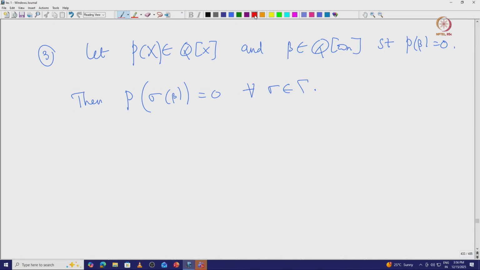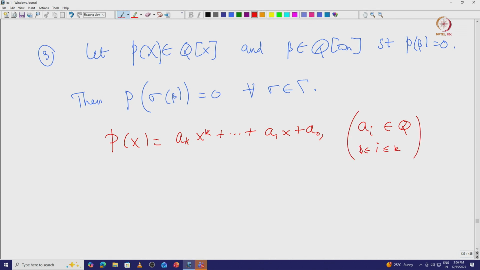So, here is a proof. If I take p of x to be some a k x power k plus etcetera plus a 1 x plus a naught, with all these coefficients a i's from the rationals, then you can see that if you make this sigma act on this p x, that will leave p x invariant.